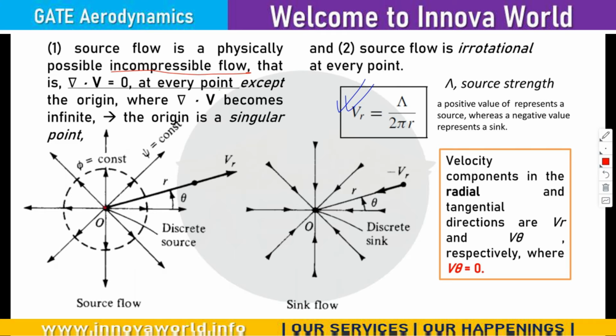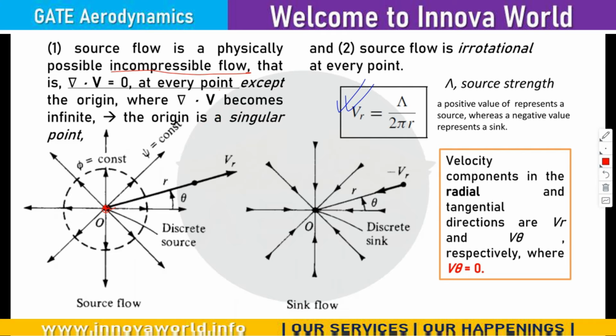That means when it is emerging from that initial point, everywhere except there the flow will be incompressible.